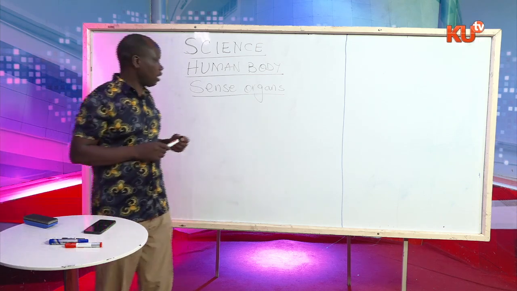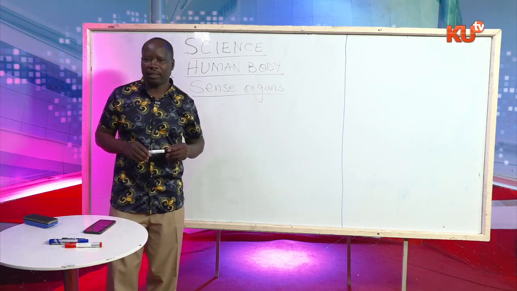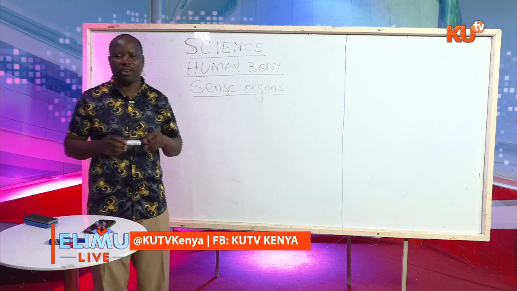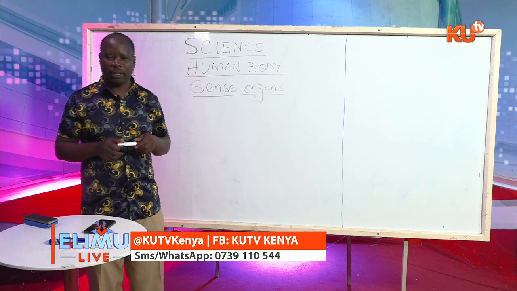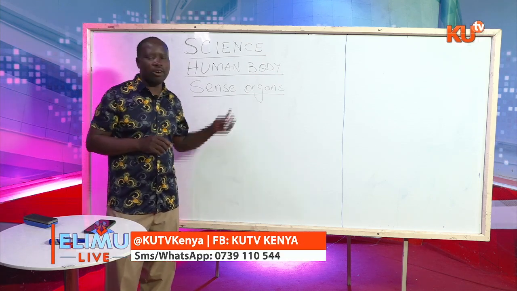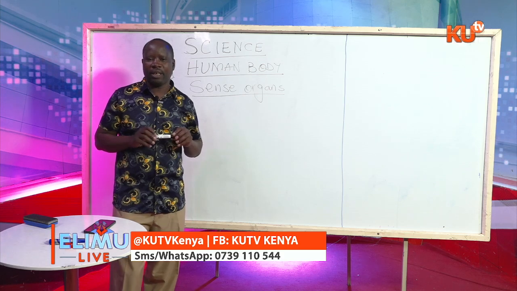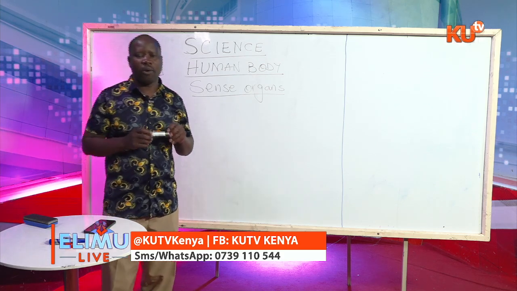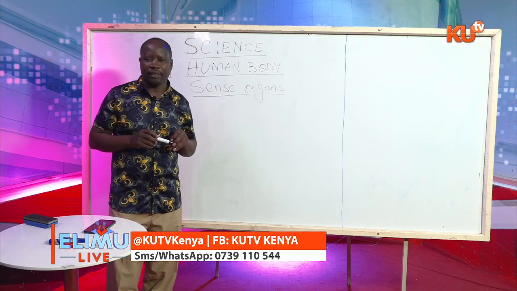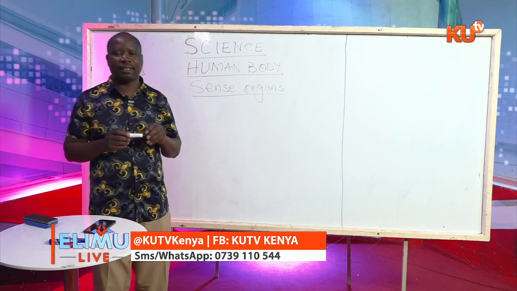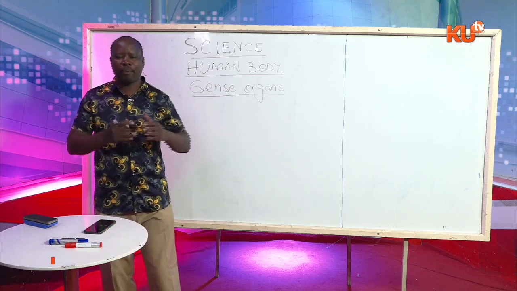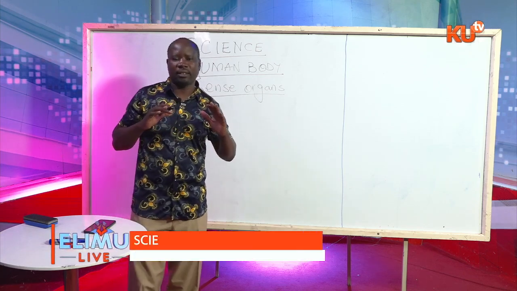Now, when we talk about sense organs, what do we mean by sense organs? Sense organs are parts of our body that help us understand what happens in our body or what happens around us.